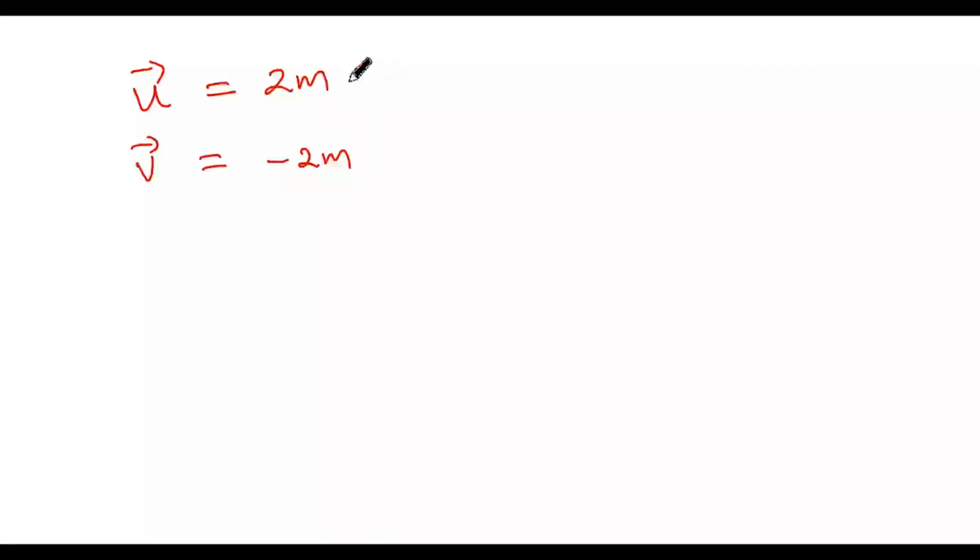So it means vector u is moving towards this direction, and vector v is moving towards this direction. They have the same magnitude or the same length.